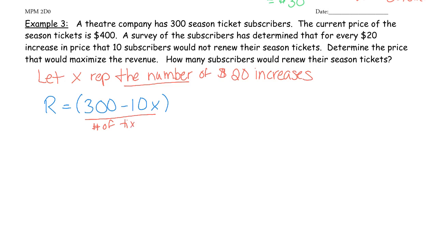Okay, and then we have our unit cost. So normally our season tickets are $400, but we're going to increase that in increments of 20, and we don't know how many, which is why we do 20 times the X. So this is the part that is the unit cost. Okay. All right. So this is how we've set it up. Again, this is in factored form.